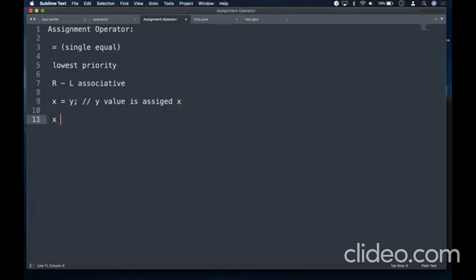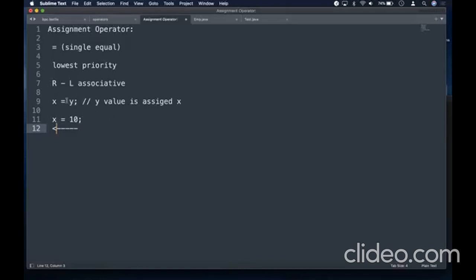So x equal to, let's say, 10. 10 is going to get assigned to x, but not vice versa. It goes from right side to left. This is the direction. 10 is assigned to x, right to left associative.